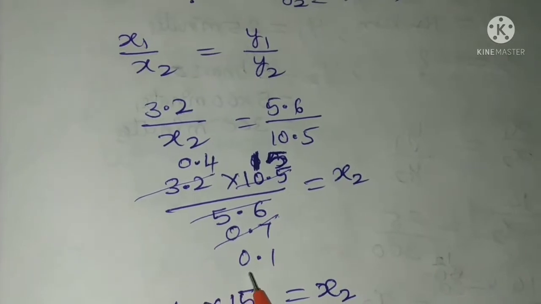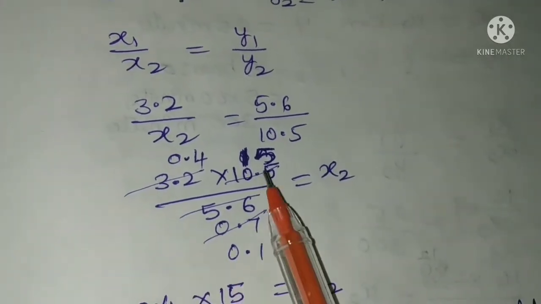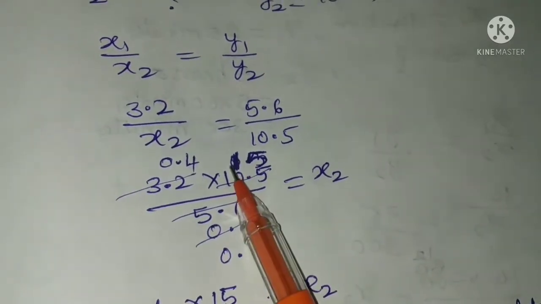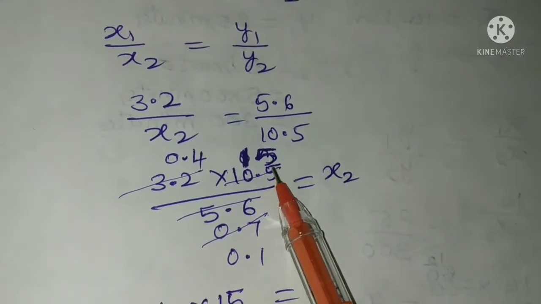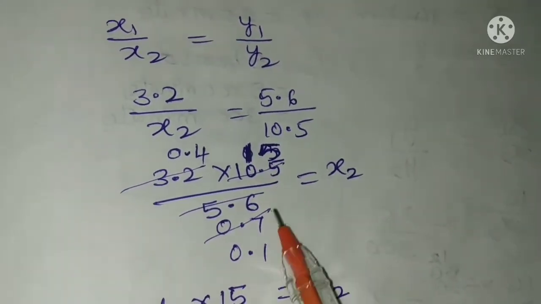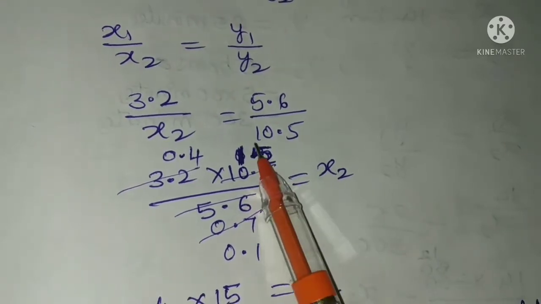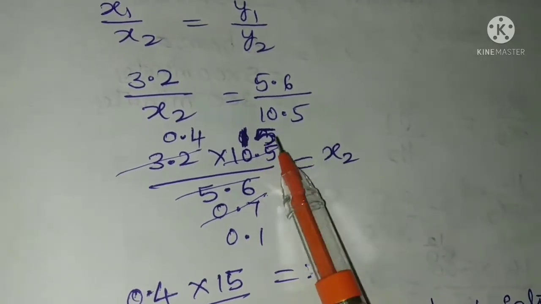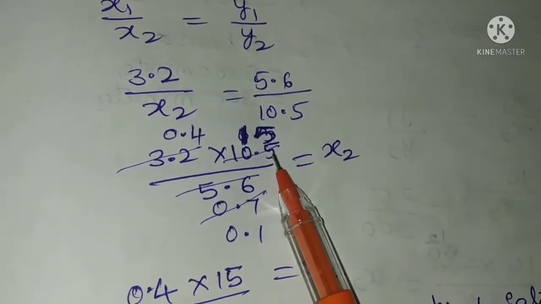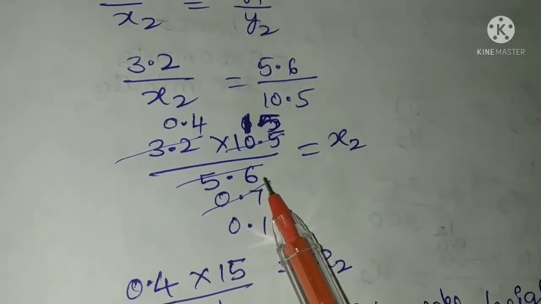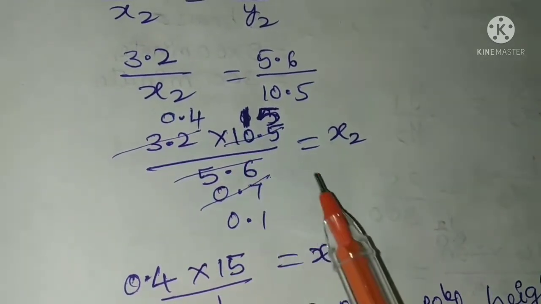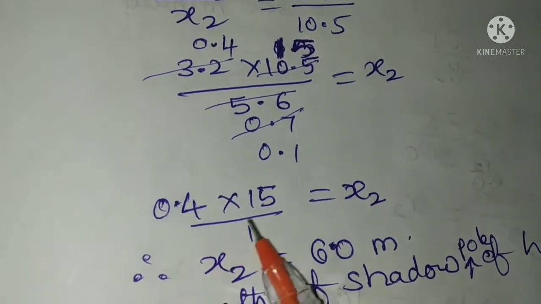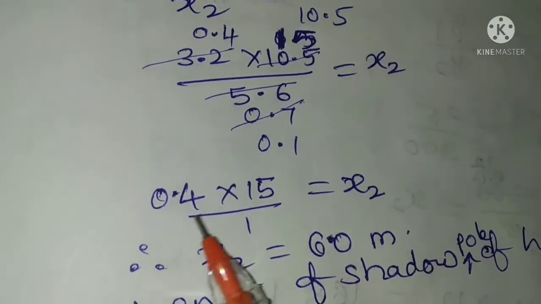Then 7 times 1.5 is 10.5, and we get 0.4 into 15, which is 60.